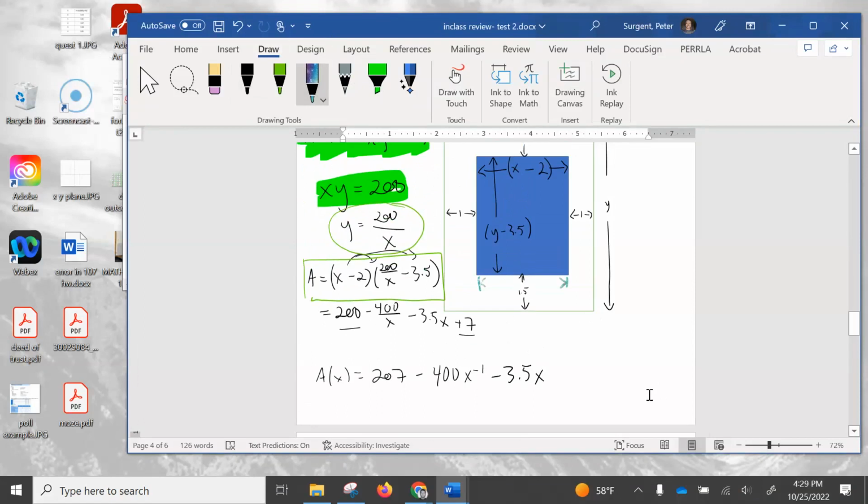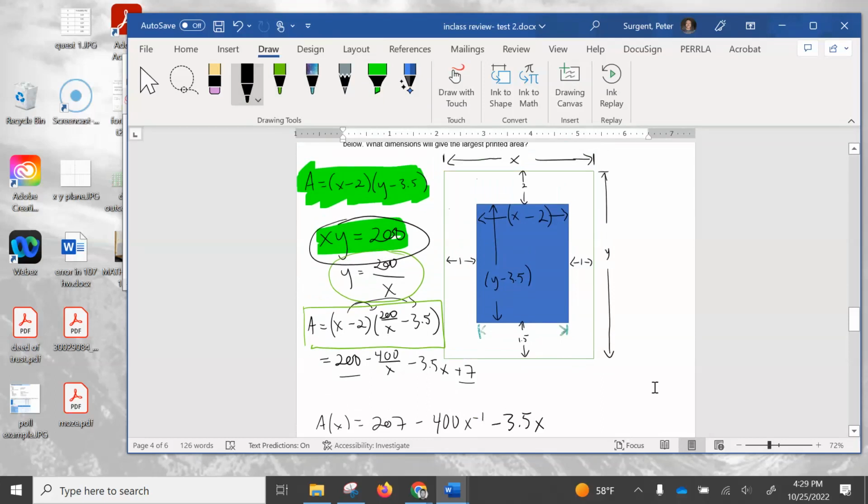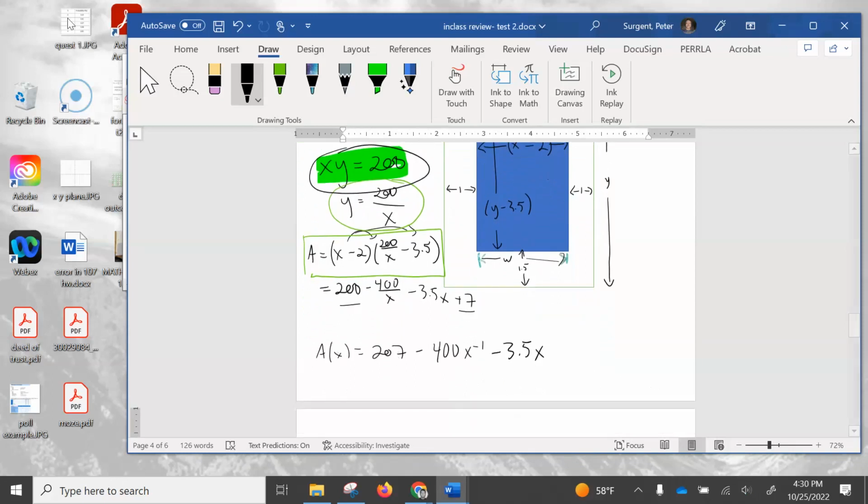I don't think that was right. You don't want to do calculus on that one because that's a fixed value for the area. There would be another way to set it up: if you call this W, then you'd have an expression W plus 2 and an expression Y plus 3.5, and you might get there that way. But if you set it up my way, then this should be your area function, and then we'll differentiate this.